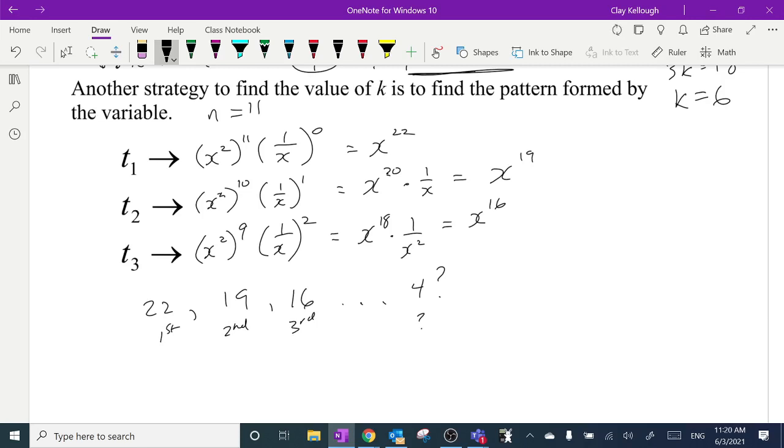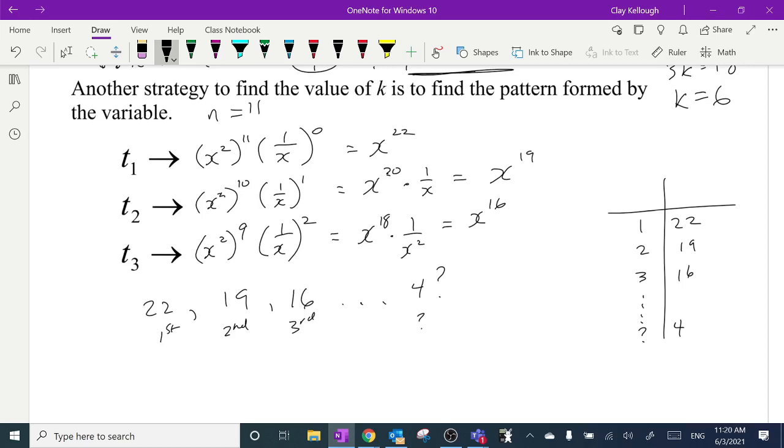Actually, this is grade 8 or grade 7 algebraic patterns, right? If I have the first thing's 22, the second thing is 19, the third thing is 16, which thing will be 4? Do you remember how to solve a problem like that? Go back to junior high math.